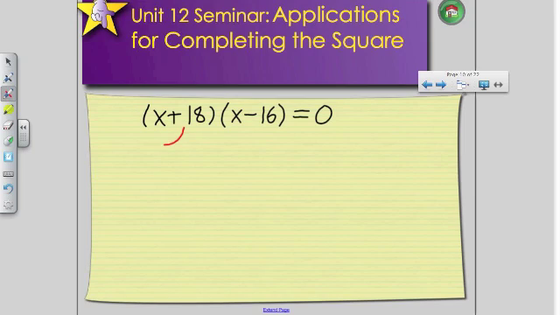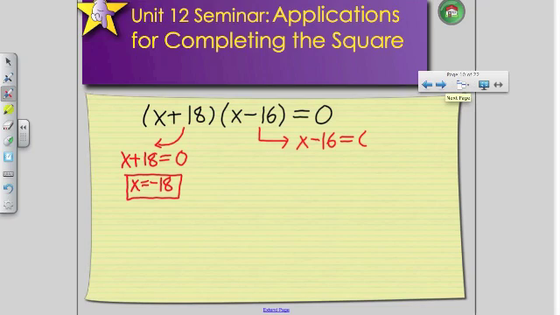Taking my first binomial, x plus 18 is equal to 0, so x is equal to negative 18. This is okay because I'm not talking about measurements, just numbers, so x can be a negative number. X minus 16 is equal to 0, so x is equal to positive 16.